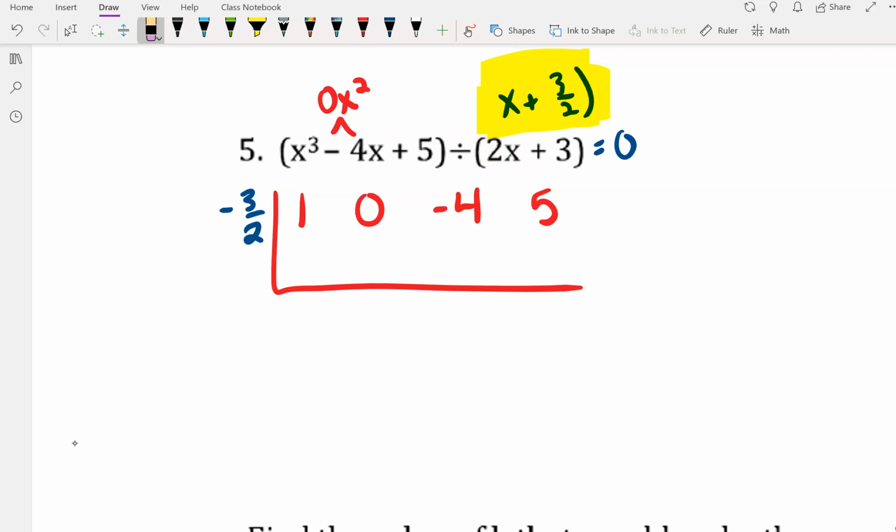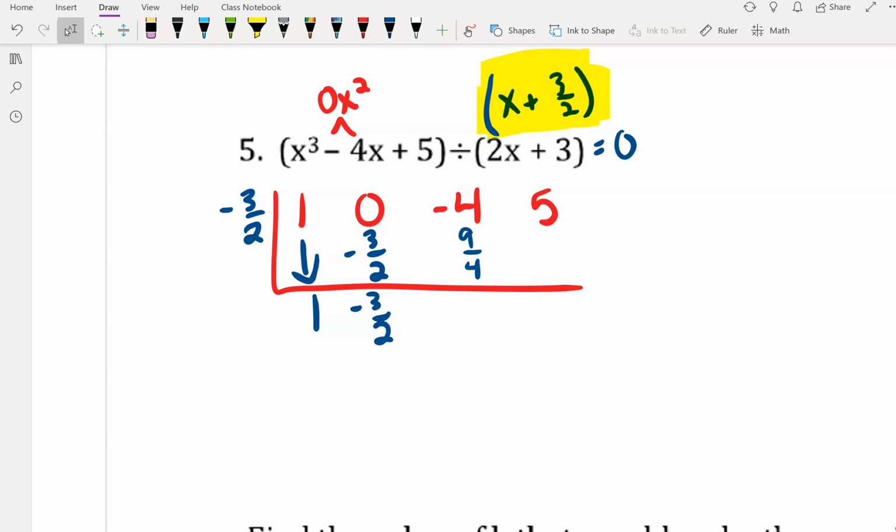So I'm going to do this and hopefully it'll make more sense after I do that. All right, bring the 1 down, multiply, I get negative 3 halves, add straight down, I get negative 3 halves, multiply negative 3 halves times negative 3 halves is positive 9 fourths.